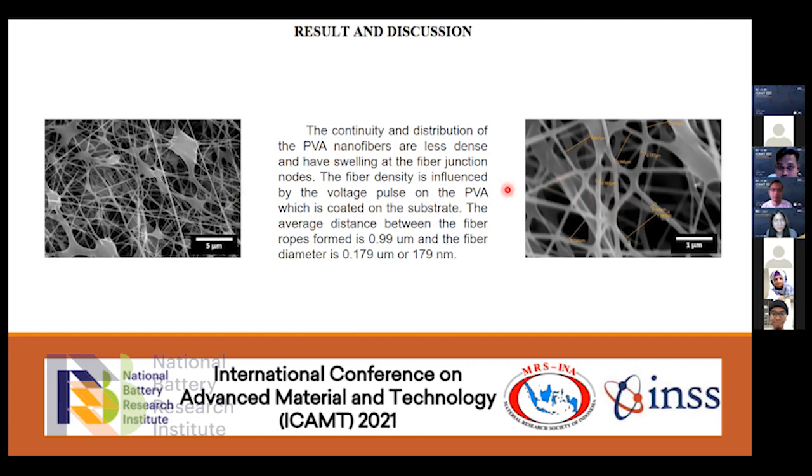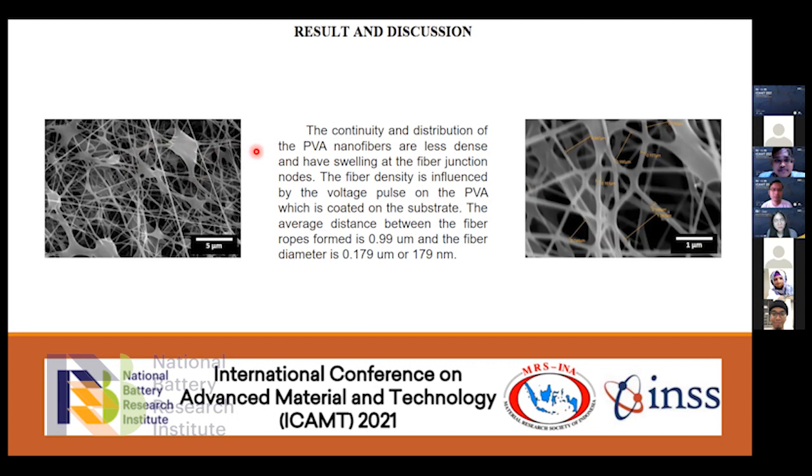The continuity and the distribution of the PVA nanofibers are less dense and have swelling at the fiber junction nodes. This is the swelling at the fiber junction nodes. The fiber density is influenced by the voltage pulse on the PVA which is created on the substrate.